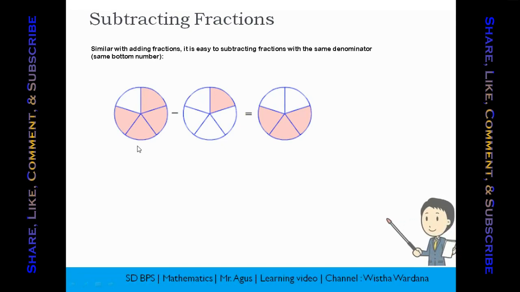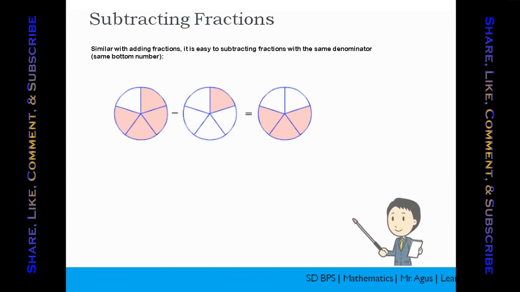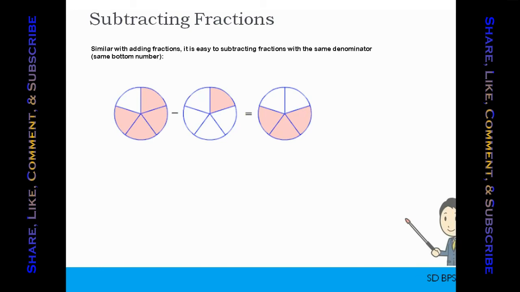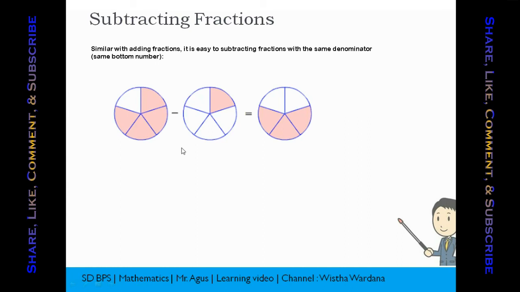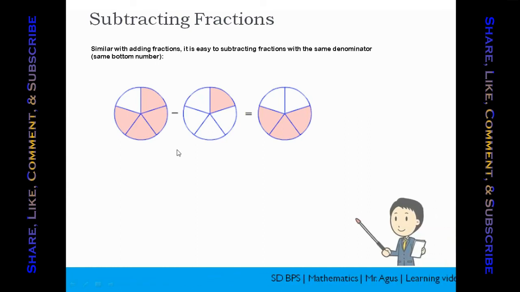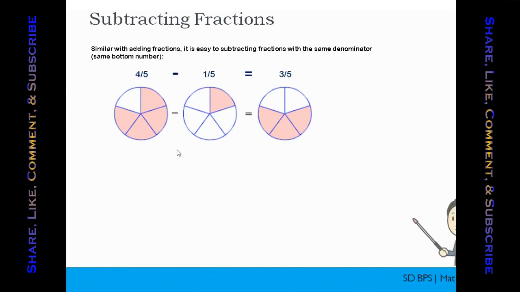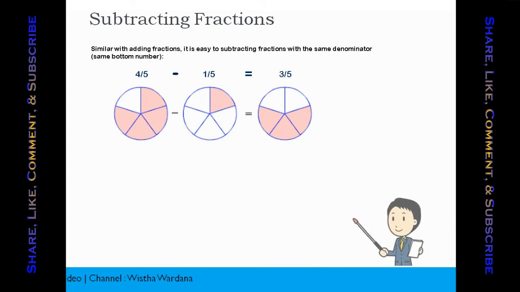Yes, that's right. 4 per 5. How about the second figure or the second circle? Yes, the second circle is 1 per 5. So the question is 4 per 5 minus 1 per 5 equals 3 per 5.